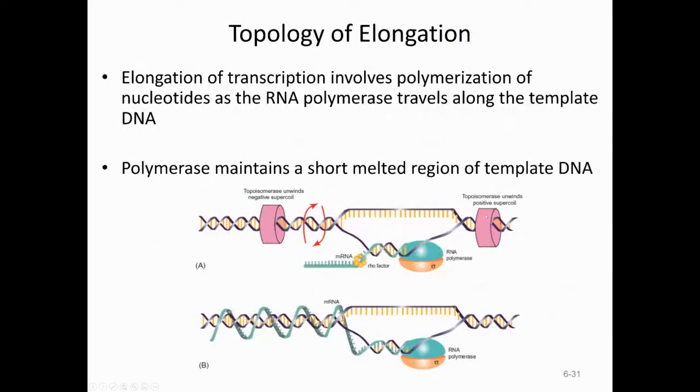Okay, and then for the topology of elongation, remember that during the transcription you're going to open up the double helix. When you open up the double helix, you have to rotate the DNA. When you rotate the DNA, you introduce supercoil to the DNA.